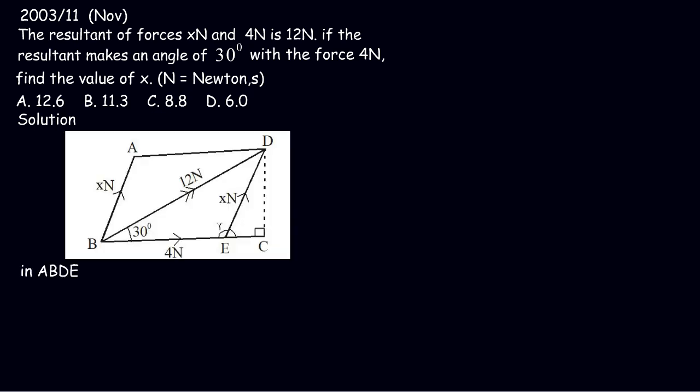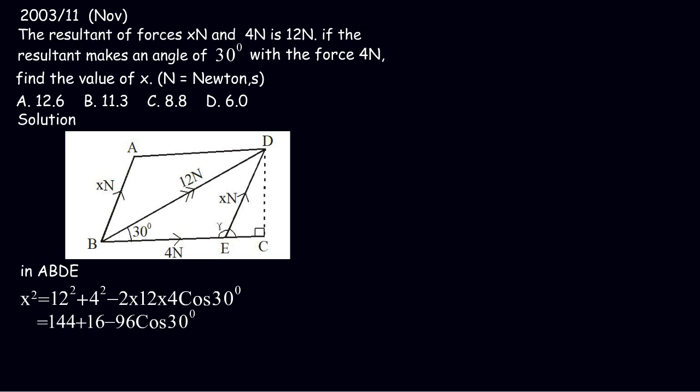Now in triangle ABD, we are going to be using that triangle to look for S using our cosine rule. Doing so, S squared will be equal to 12 squared plus 4 squared minus 2 times 12 times 4 cos 30, which will be equal to 144 plus 16 minus 96 cos 30, which will then be equal to 160 minus 83.14.